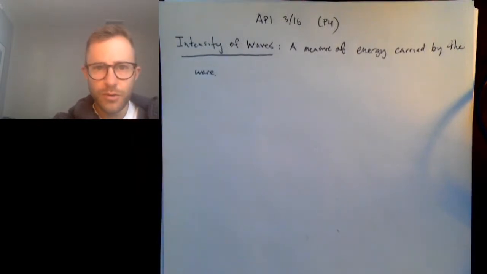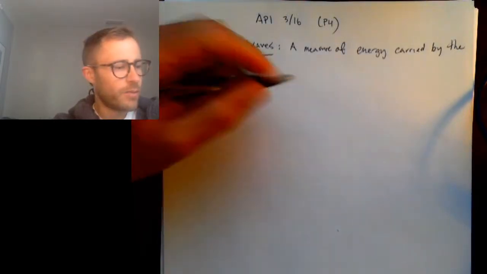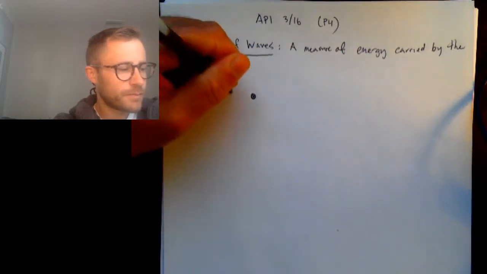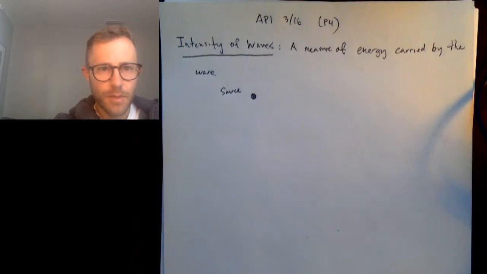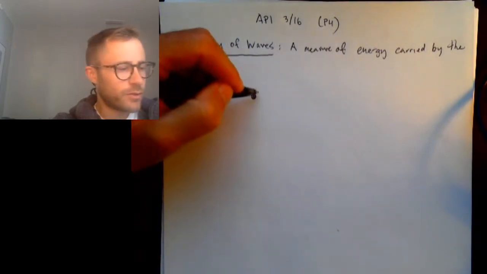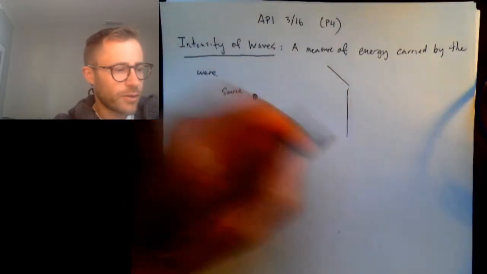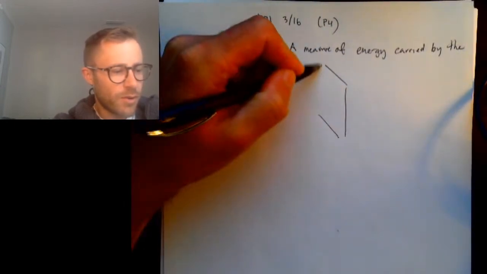So what I want you to imagine is the following. I want to imagine a source of a wave, and then there's a wall over here. I'm trying to draw this like a three-dimensional wall, if you will.